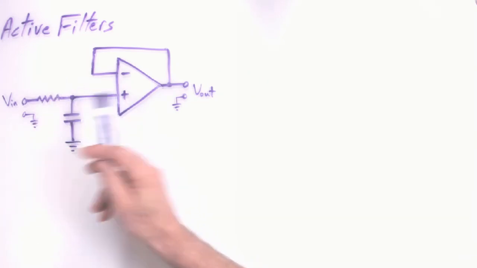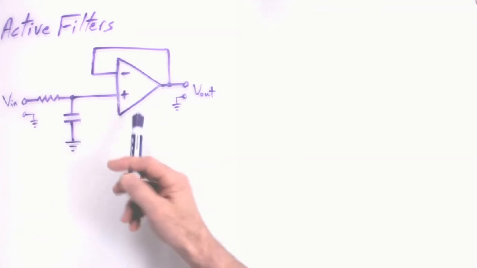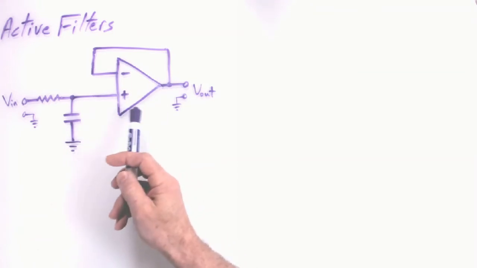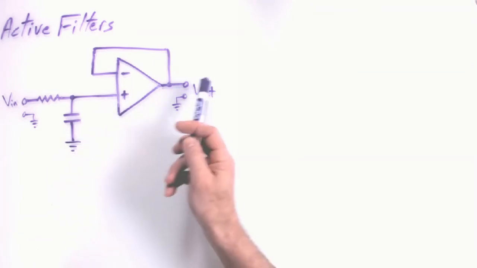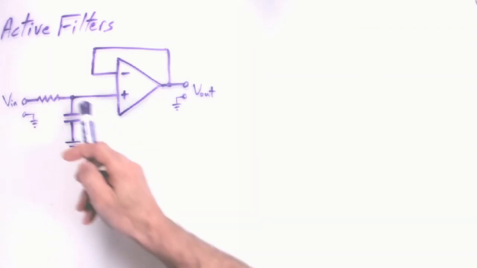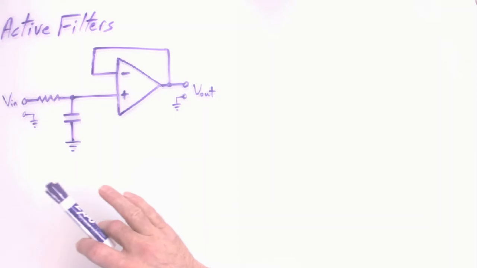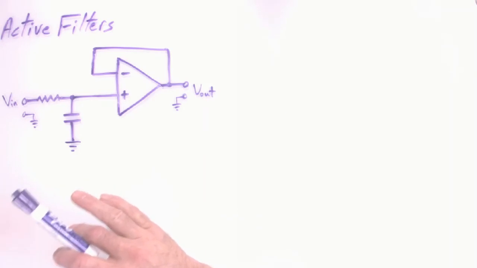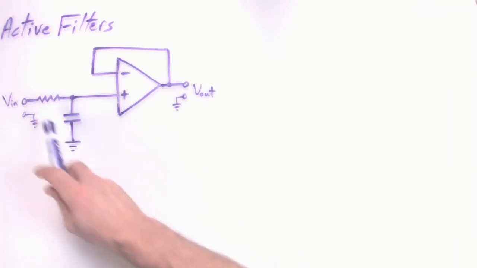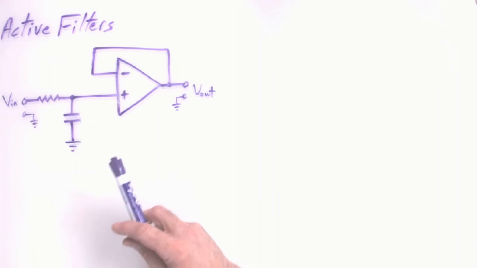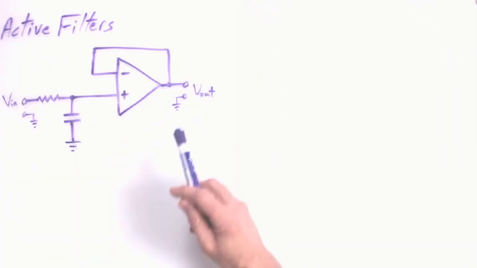So that's why we call this a buffer, a voltage follower. But it does a nice job sitting between your output and your filter, and the filter stays untouched. It remains essentially a non-loaded voltage divider to do its thing, regardless of what you hook up over here.